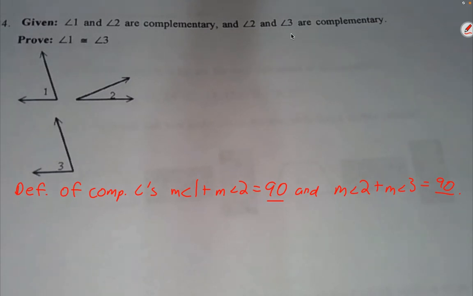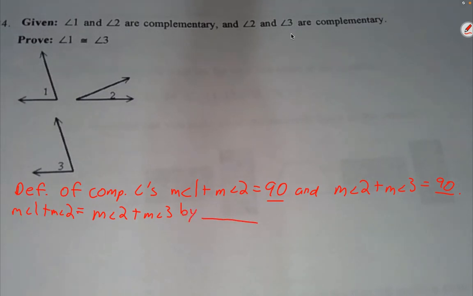Okay, is everybody good so far? Now you can flip back and see what's the next thing. They put the measure of angle 1 plus the measure of angle 2 equals the measure of angle 2 plus the measure of angle 3 by what? What did we pick on the other one?